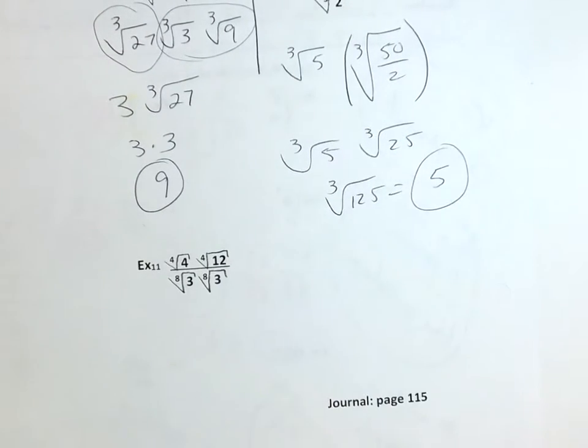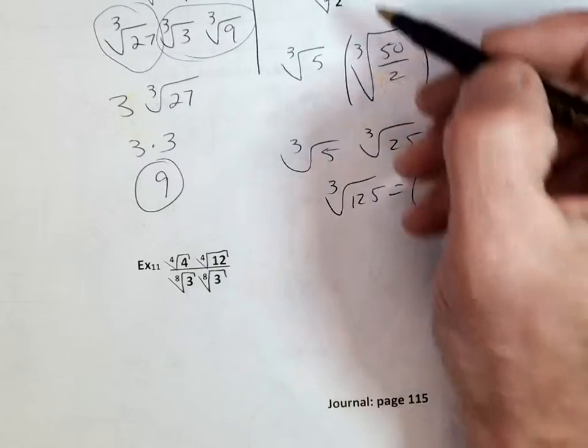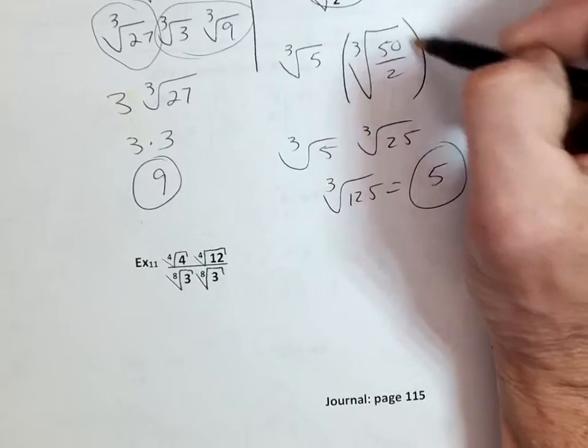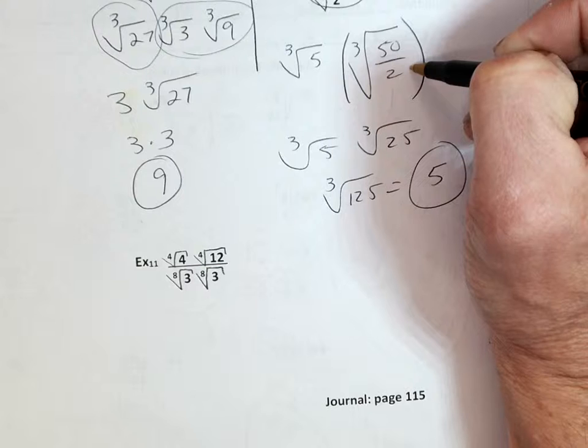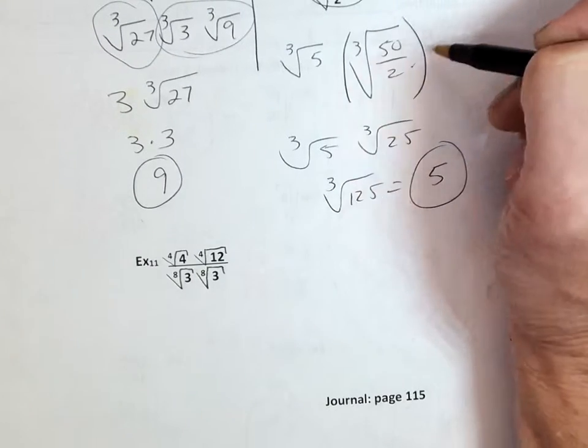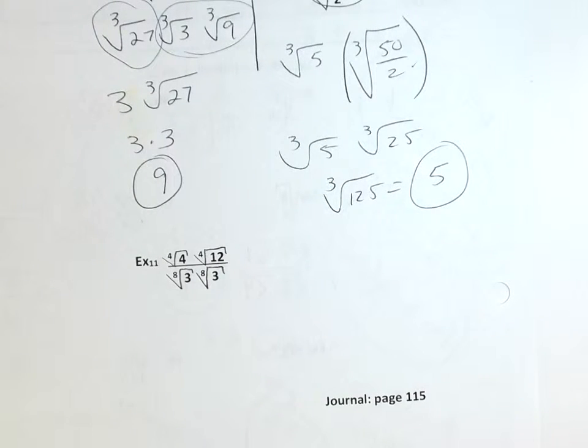Okay. How's that? Yeah, Daisy? So we have 5 cubed over 2 cubed. Yes, and I rewrote it like that. Mm-hmm. Yep, Gavin. I got it. Okay, good.